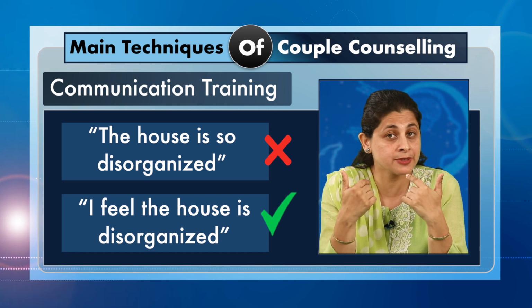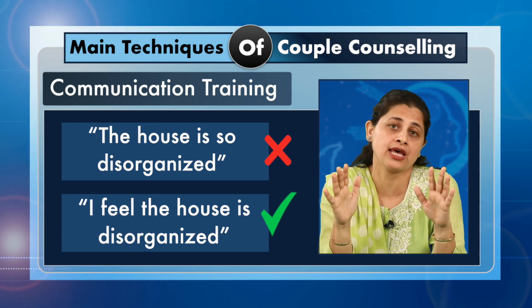This is an individual perception and not an objective reality. The couples are also taught to broaden their statements, to be fact-based, specific, and include their feelings to avoid overgeneralizations.